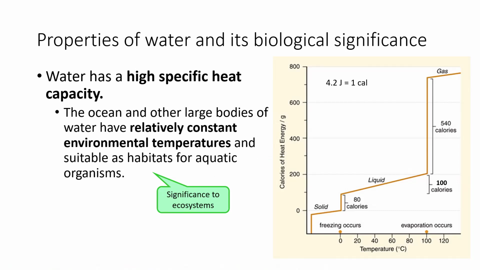So the role of water here is as a temperature buffer or thermal buffer, to maintain a relatively constant environmental temperature, not only for the environment or ecosystem, in the multicellular organism, and also within the cell.